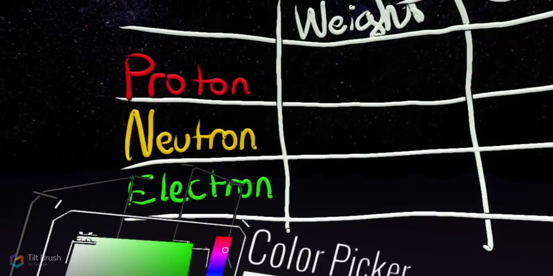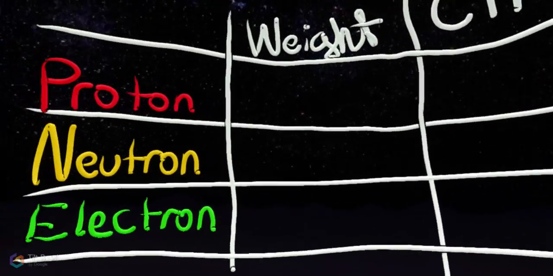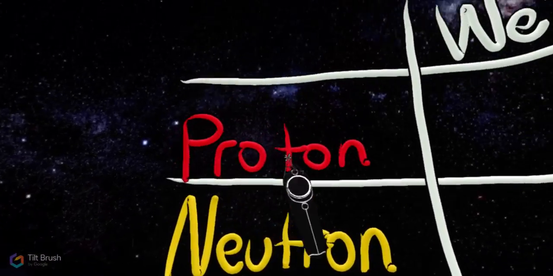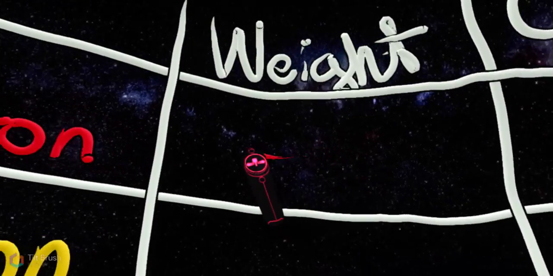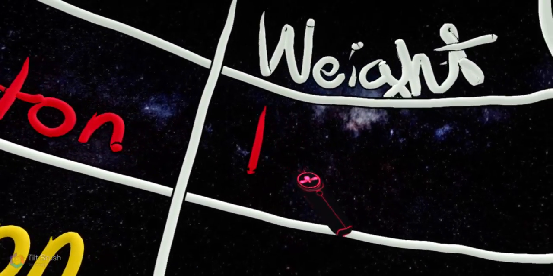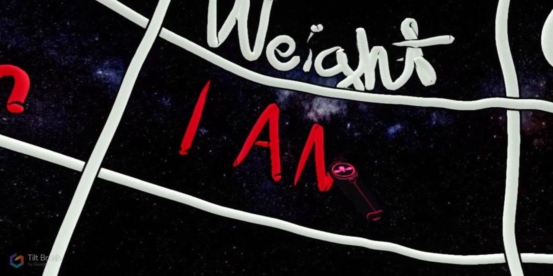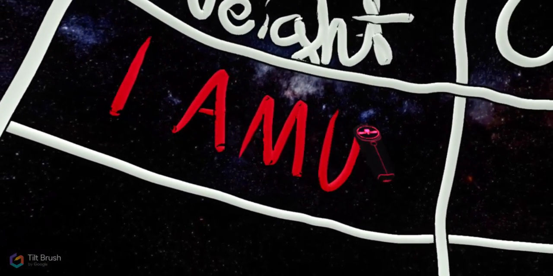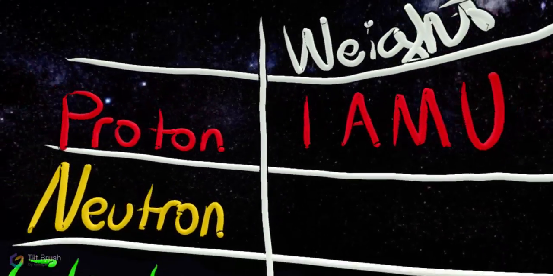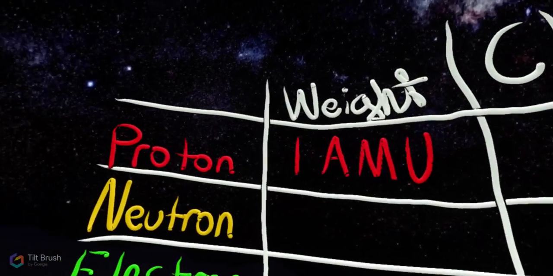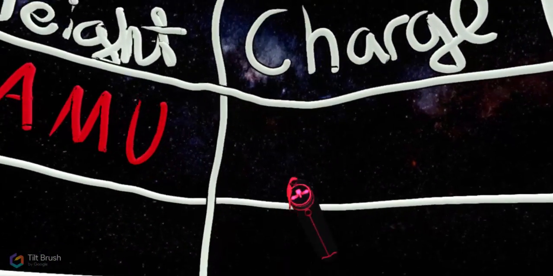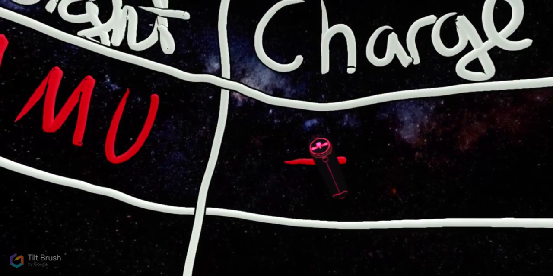All right, so protons have a weight of 1 atomic mass unit. Protons, 1 atomic mass unit, a charge of +1.